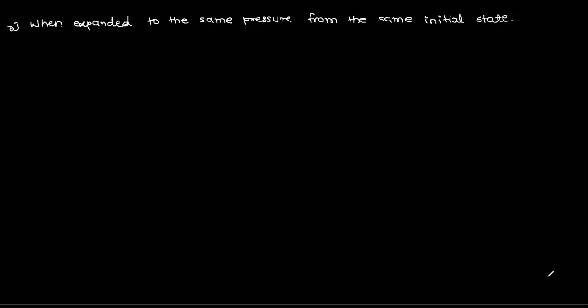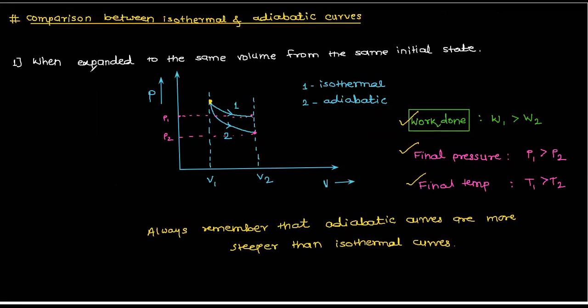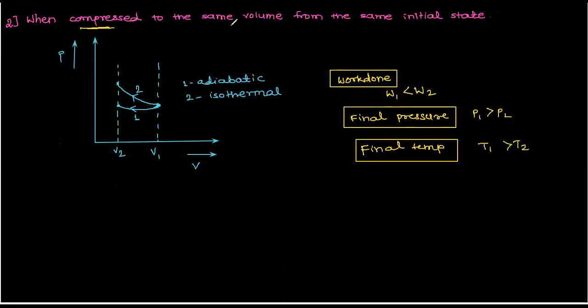Now see, if we go back once, the first case is when expanded to the same volume from the same initial state, meaning we are expanding it to the same volume, starting from the same initial state. In the second case, what we have seen is compressed to the same volume from the same initial state.